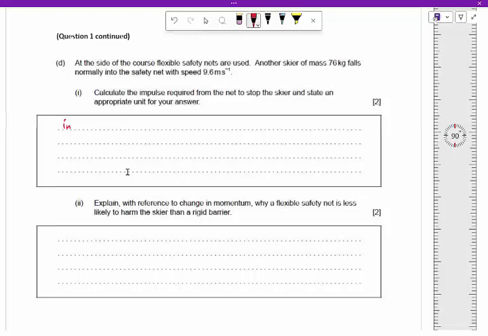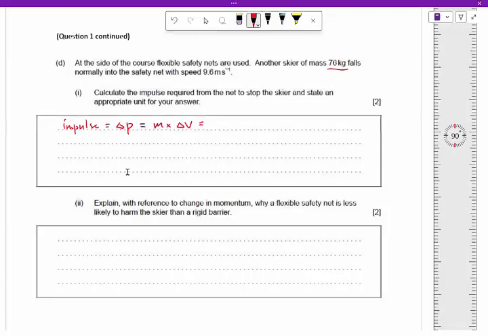So impulse is the same thing as change in momentum, which is m times delta v if the mass is constant, and in this case the skier's mass is 76 kilograms, which is not changing during this event.